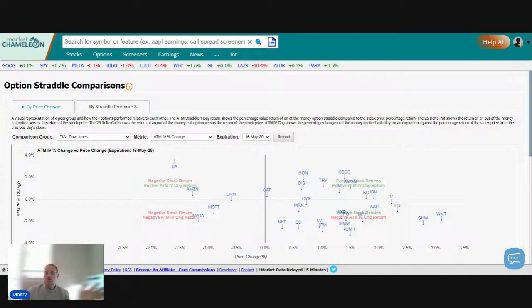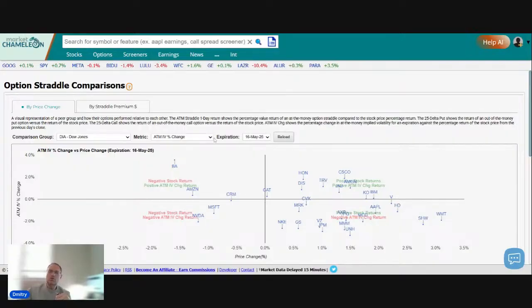These look a little bit more scattered, less clustered. With the stocks showing in the May 16th expiration, the implied volatility did go down relative to the April. So this lets us change the option expiration and view what happened there.